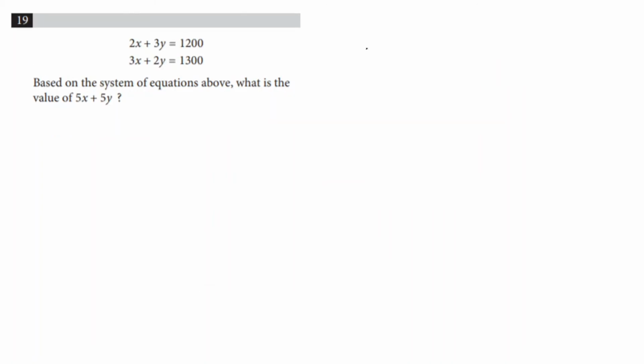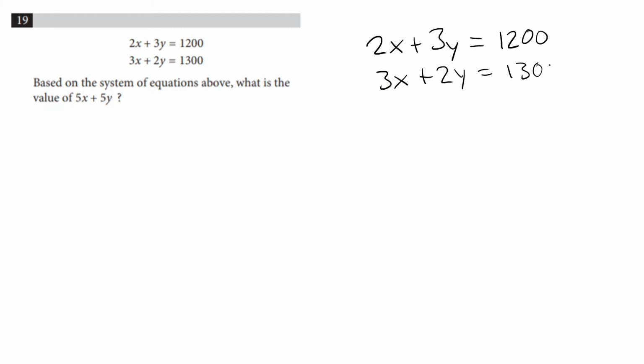Okay, so 2x plus 3y is equal to 1,200. Let's write that out. 2x plus 3y is equal to 1,200. And 3x plus 2y is equal to 1,300. Based on the system of equations above, what is the value of 5x plus 5y? So we don't need to actually solve this for x and y to get this, right? We can simply add the two equations together, which we're allowed to do.